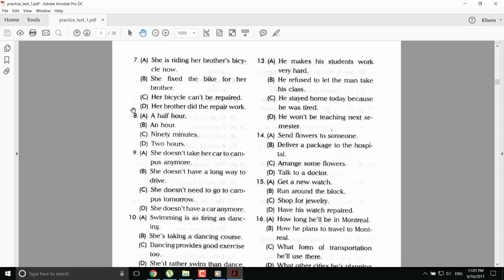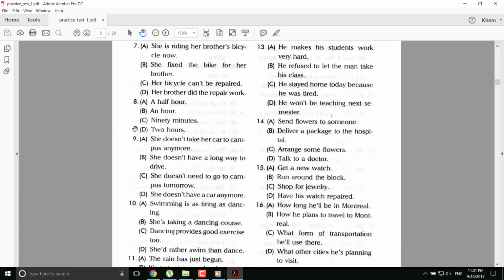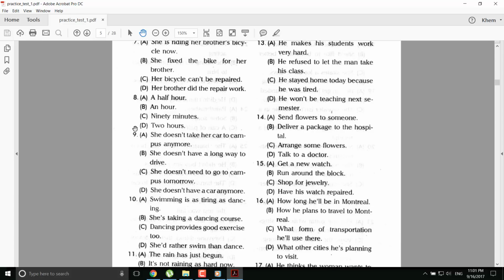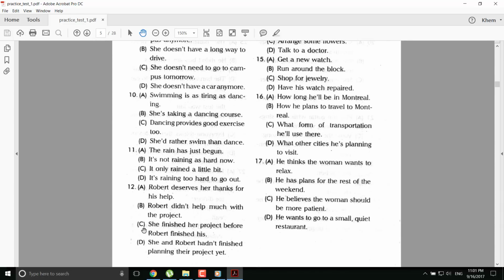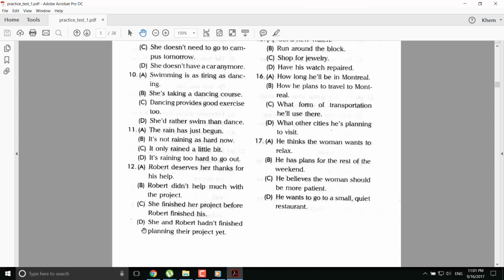"Of course. And so is dancing." What does the woman mean? Number 11. "I need to go out." "Is it still raining?" "Yes, but it's starting to let up a little." What does the woman mean?